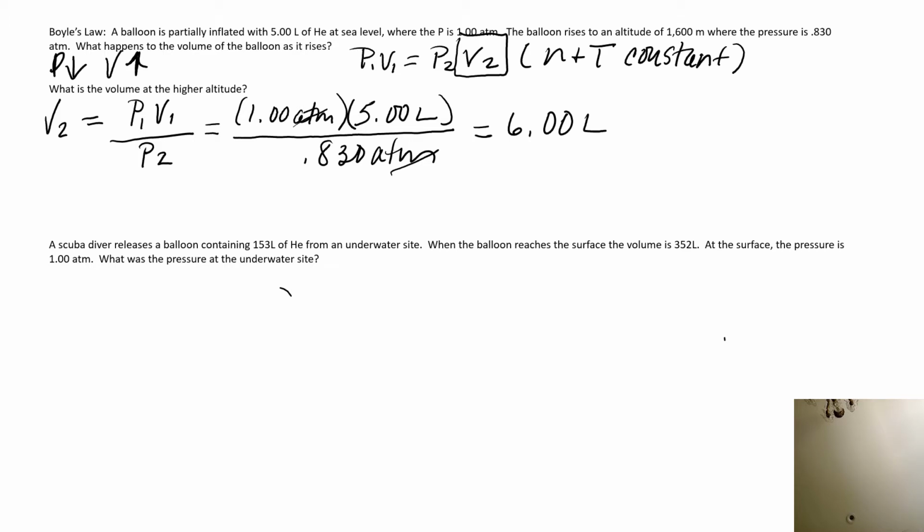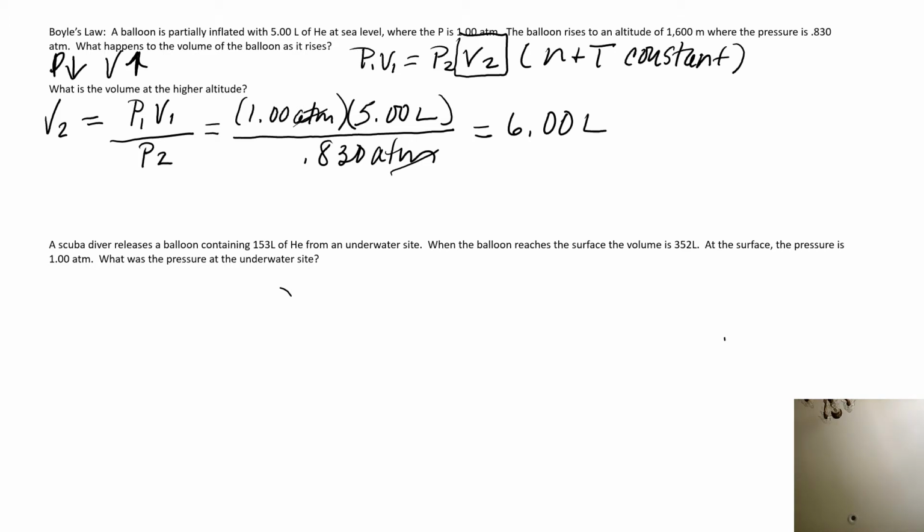What was the pressure at the underwater site? So we know, because the volume increased, that the pressure decreased. So we would expect a pressure at the underwater site to be greater than the 1 atmosphere at the surface.